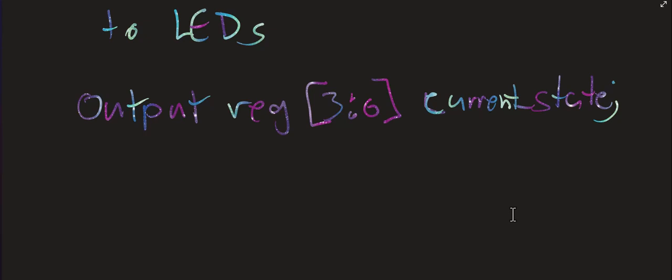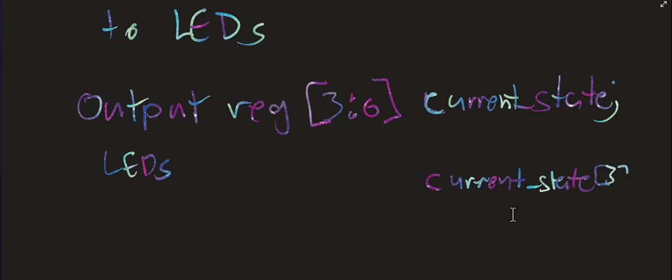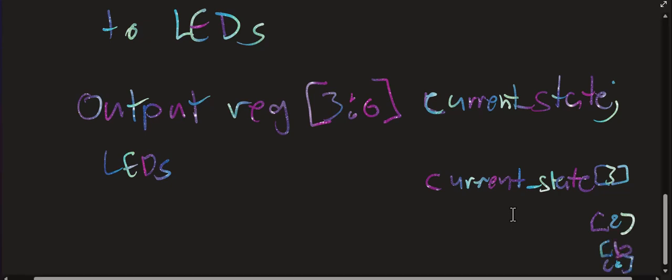and then you would map in your LEDs, you would map current state 3 and current state 2 and current state 1 and current state 0 to LEDs.